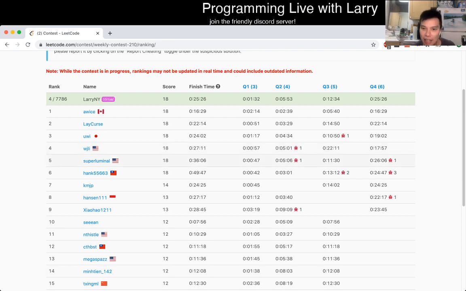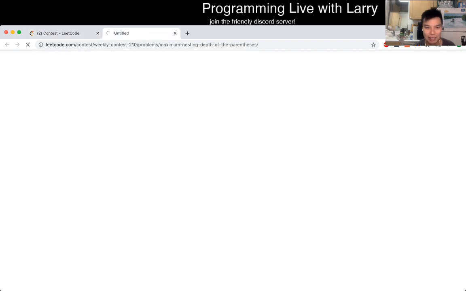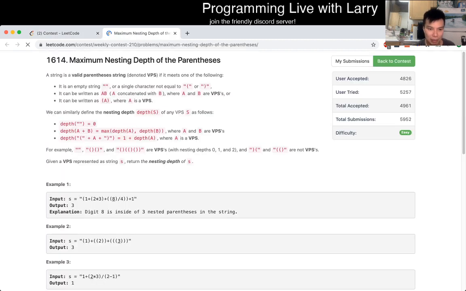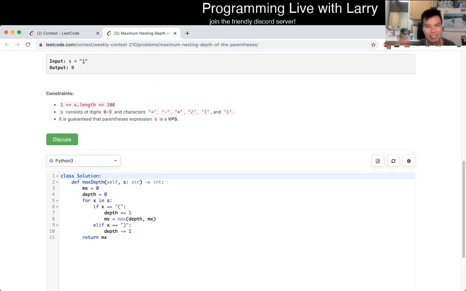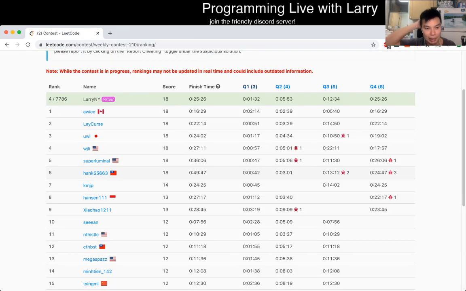Usually when I do the postmortem, I think about if I could do them faster and so forth. I think Q1 I just misread it a little bit. Like this is not a 1 minute 30-second problem. I was just being slow because in a virtual contest especially I was just warming up. Usually for regular contests I probably would warm up a little bit beforehand. Q2.